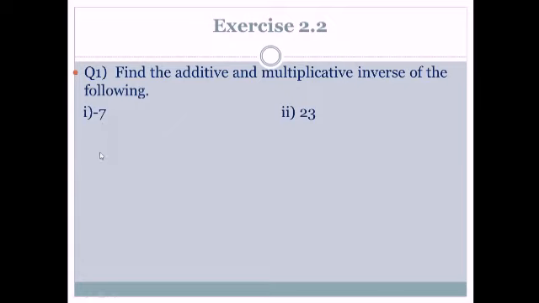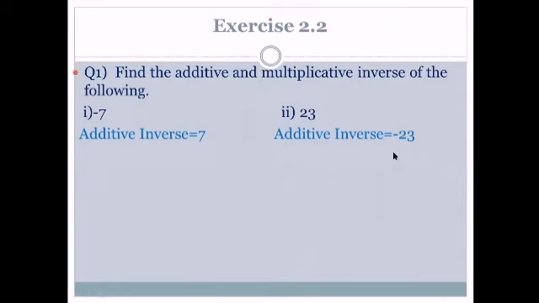If you write plus 7 or simply 7, both have the same meaning, positive 7. So the additive inverse is 7. Here you have positive 23, so its additive inverse will be minus 23. So how can you find the additive inverse? You write the same number with opposite sign. That is the additive inverse.